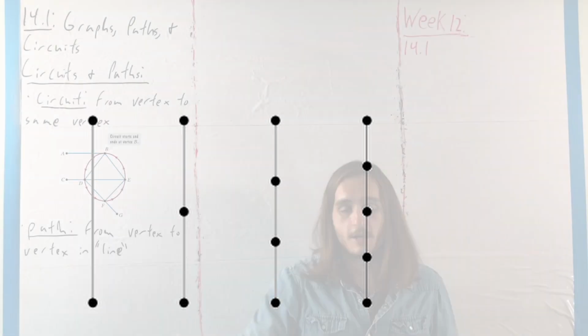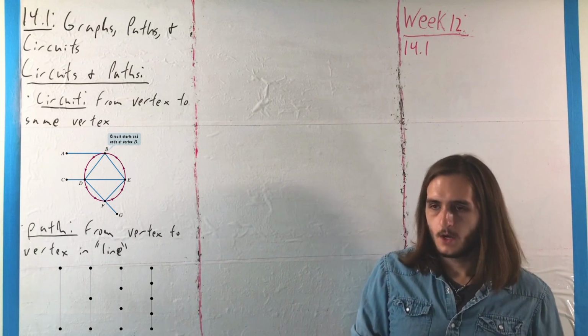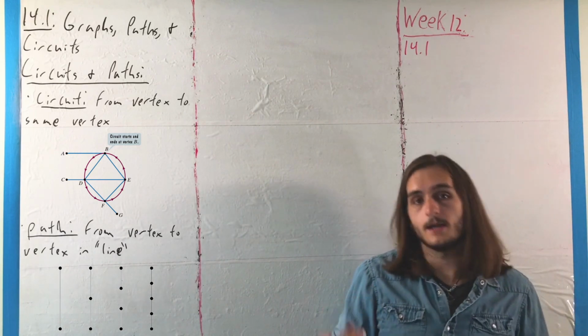So if we have a path on two vertices, it's just two vertices with one edge. For 3, it will be 3 vertices, 2 edges. 4, 5, and so on. Hopefully you get the picture that if we have n vertices, we will have n minus 1 edges.